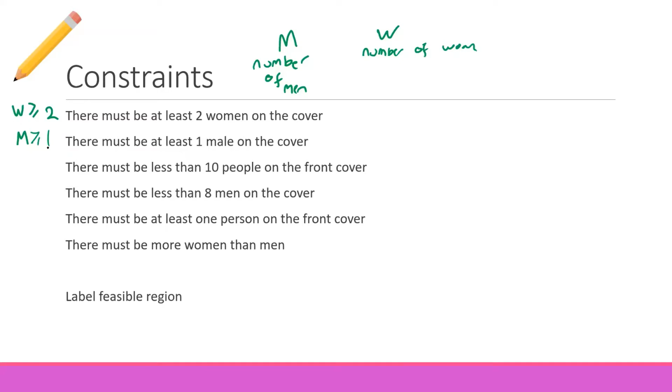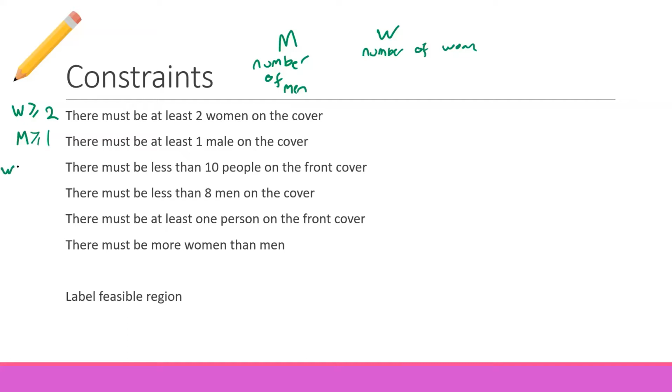Now the next one becomes a little bit more challenging. There must be less than 10 people on the cover. How could I write that one? Does anyone know? W plus M is less than 10. Perfect.